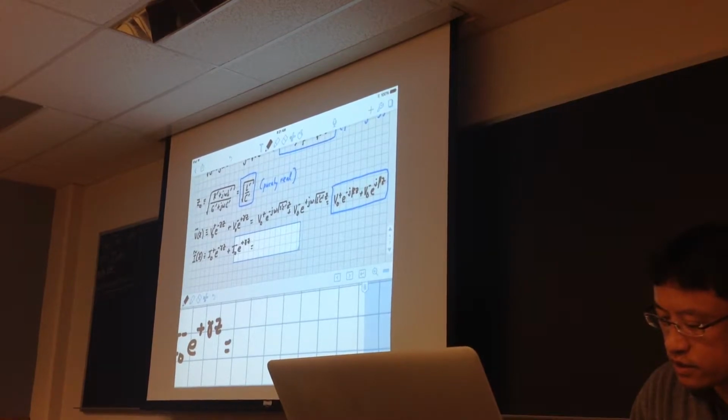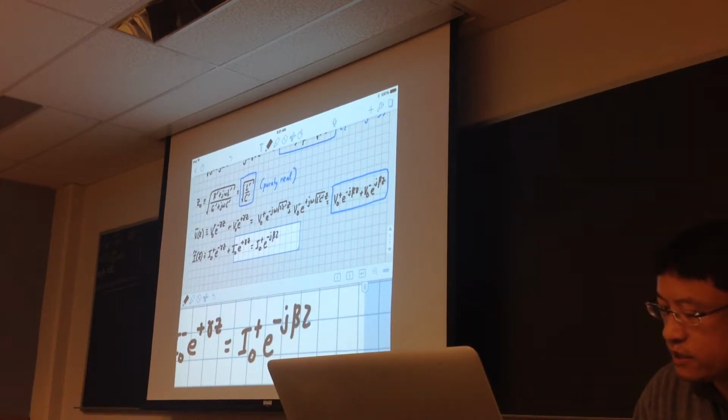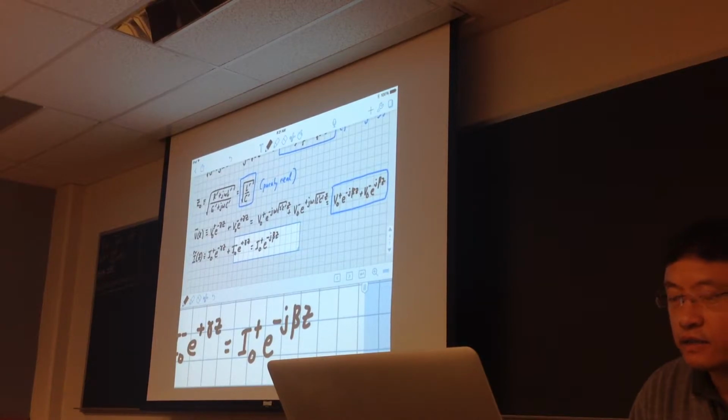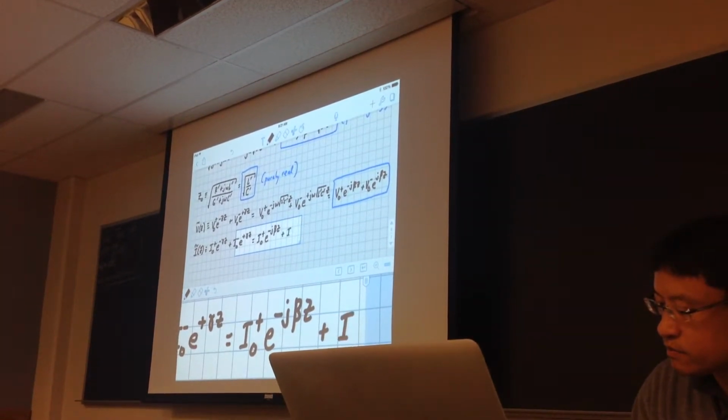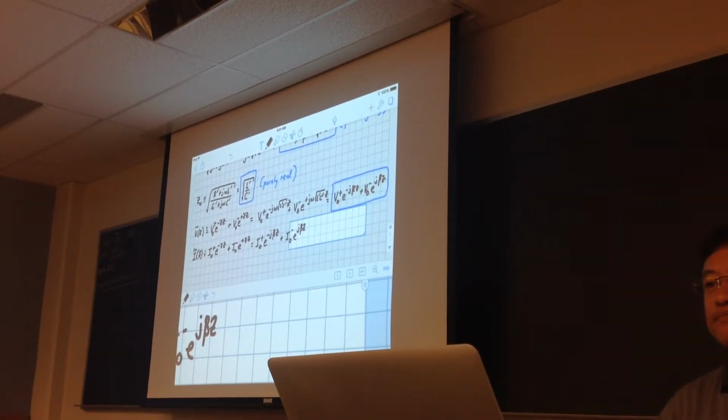Since gamma is pure imaginary, we have e to the minus j beta z again, and I0 minus e to the plus j beta z again.